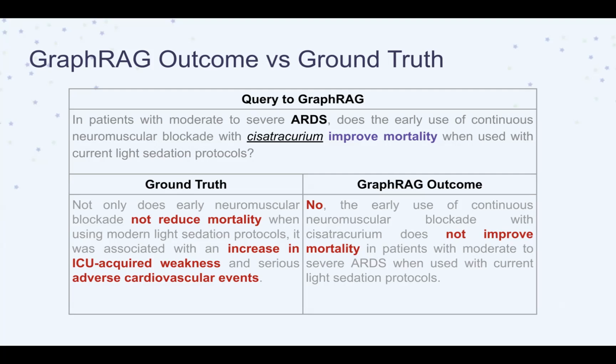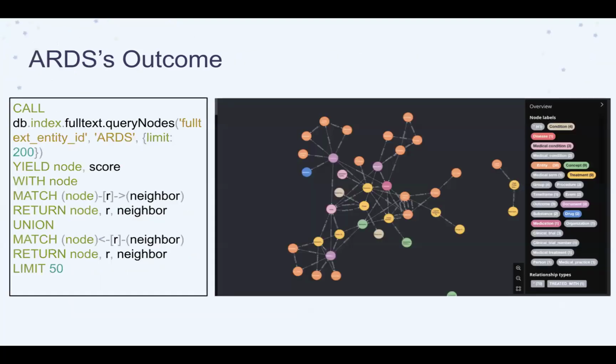So this is good because at least our GraphRAG model is giving the output in the same direction as the ground truth. And then if we want to know how the GraphRAG model developed the results, we can use the Cypher query, which is the query language used in graph databases in Neo4j.